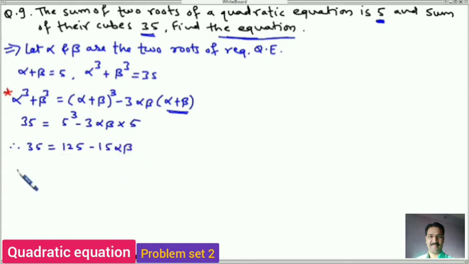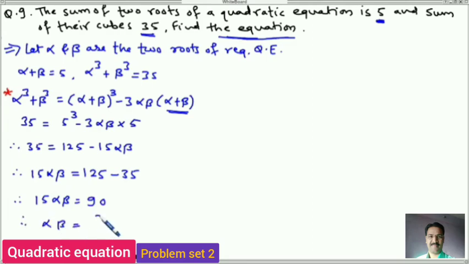So take this to this side. So 15 alpha beta is equal to 125 minus 35. Therefore, 15 alpha beta is equal to 90. Therefore, alpha beta is equal to 90 upon 15, which means alpha beta is equal to 6.